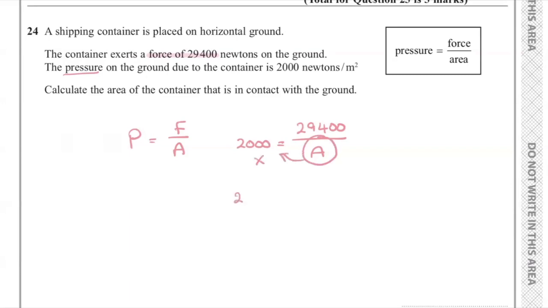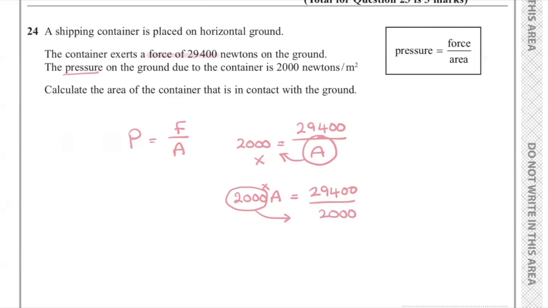So I would end up with 2000 A equaling 29400. But I can get A on its own now by moving this times 2000, and it will land as divide. In effect, they are literally swapping places. And if you know that, then you would just swap places.